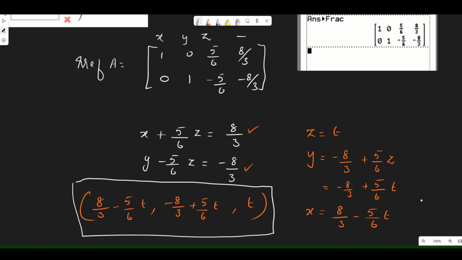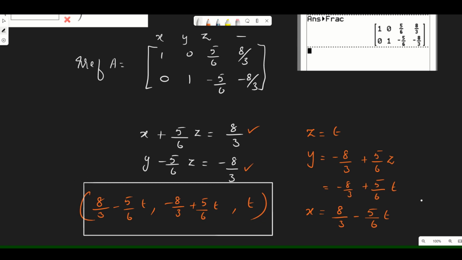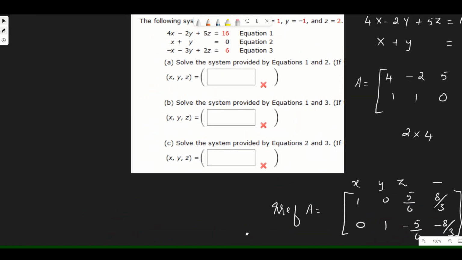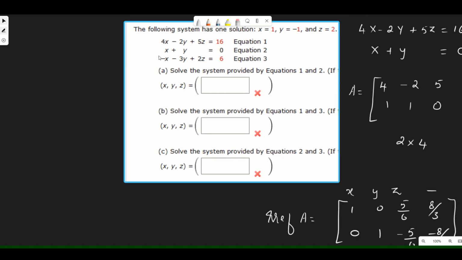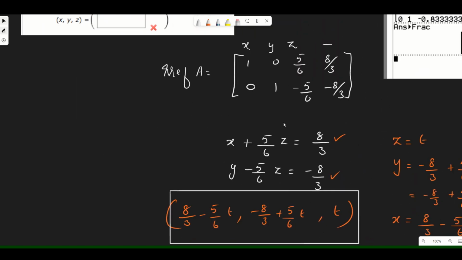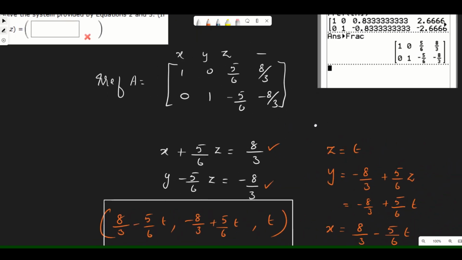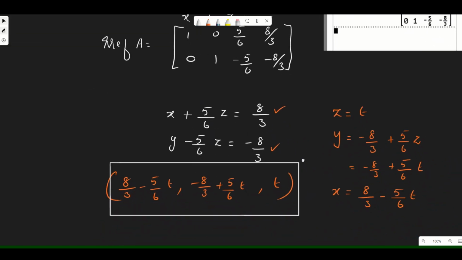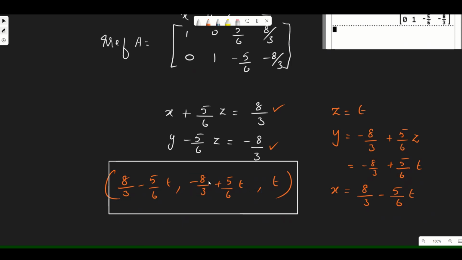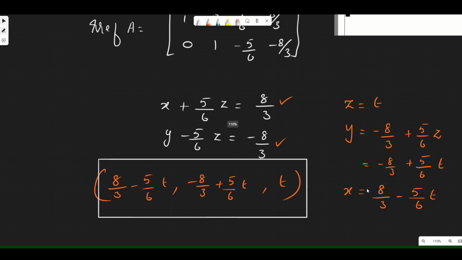If you are taking only two equations, this will be your result. The same way, if you have to find the solution for equations 1 and 3, take only equations 1 and 3 and make use of the same case. Enter that in your calculator, find the reduced row echelon form, and I think even there you will get an infinite solution, so you have to have a parameter.